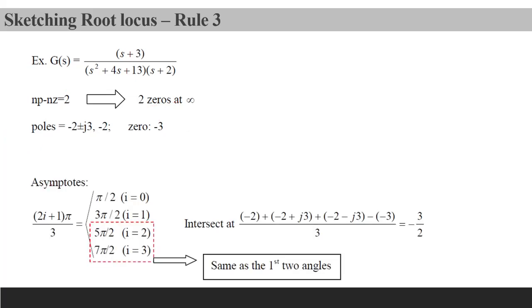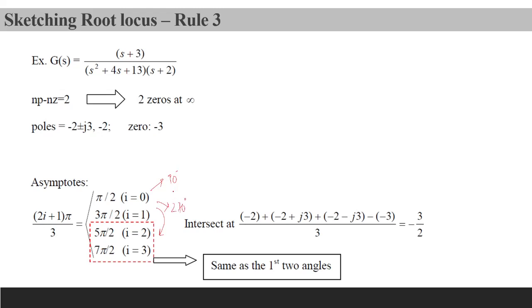So for asymptote angles, I'll consider i equals 0, 1, and so on. Unlike the last case, I can see that after the two angles, the angles get repeated. So I don't need to take any further angles beyond 3 pi by 2. So it's obviously 90 degrees and one at 270 degrees, right?